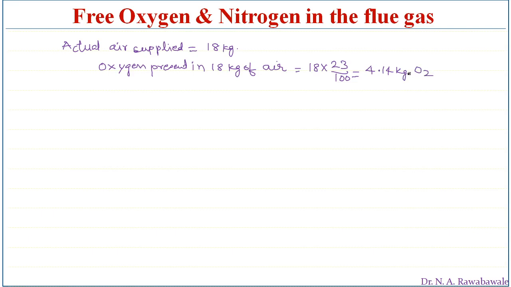Now we have to find out how much free oxygen is going to pass into the flue gases. So we consider the total amount of oxygen supplied and the total amount of oxygen consumed. Oxygen is supplied first by air.